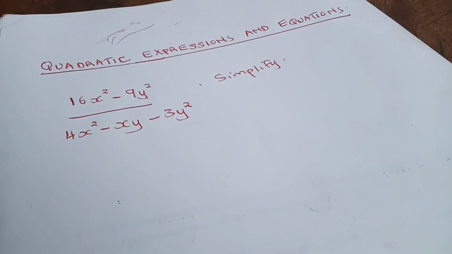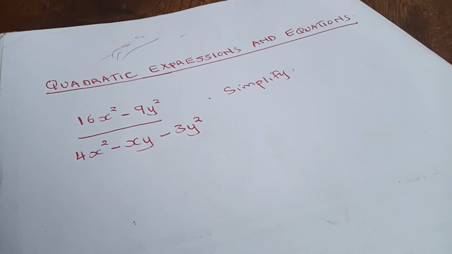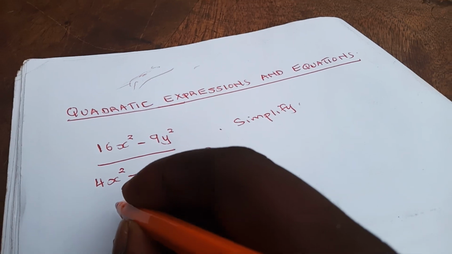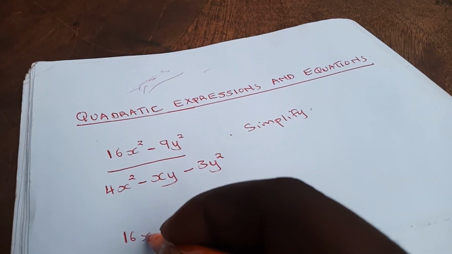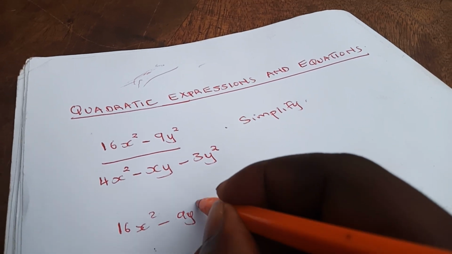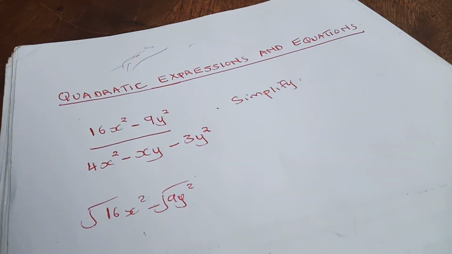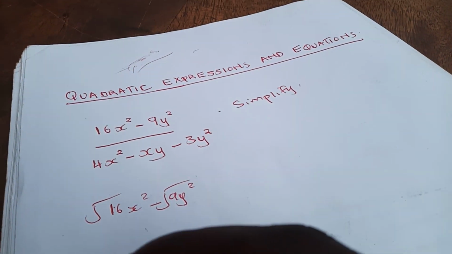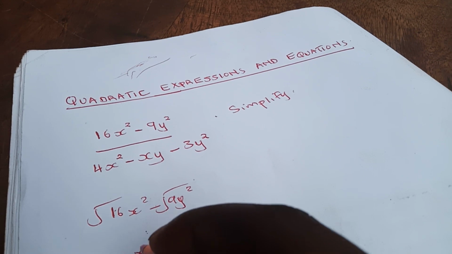You just basically find the square root of the numerator. If you find the square root of the numerator, I'm going to get the square root of 16x squared minus 9y squared, without considering the sign in the middle. So the square root of 16 is 4. The square root of x squared is x.